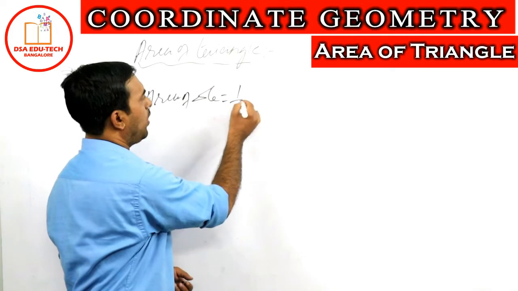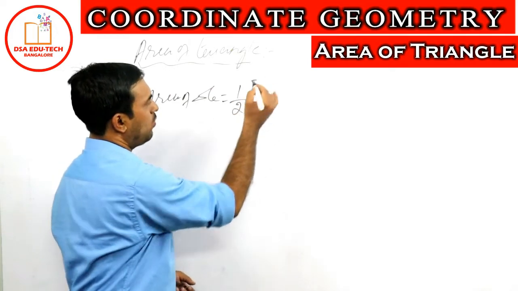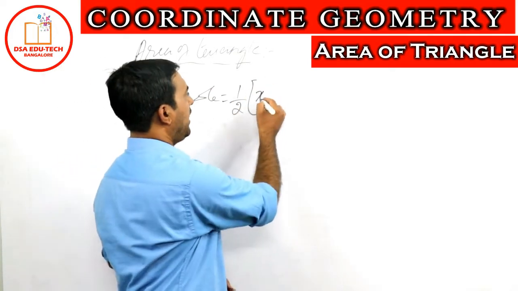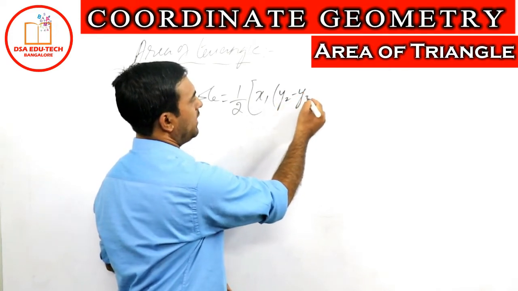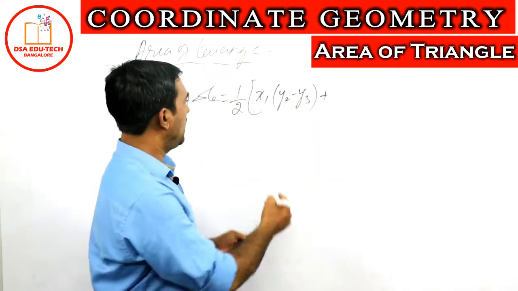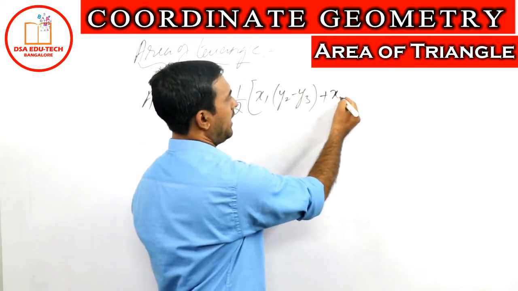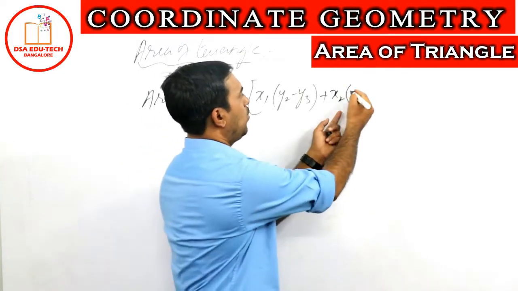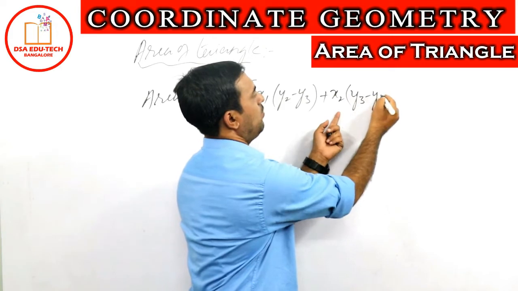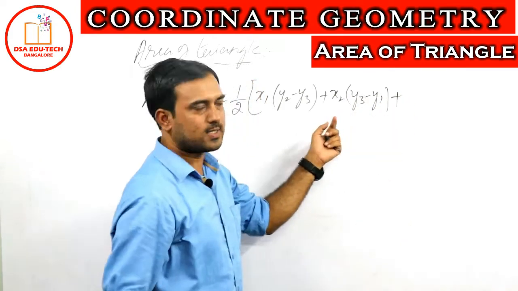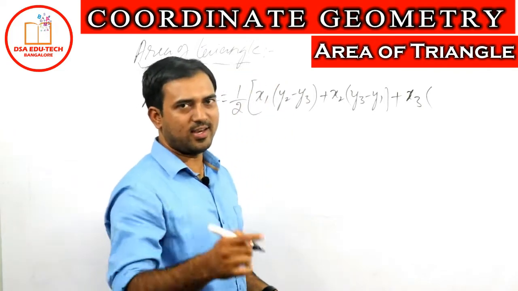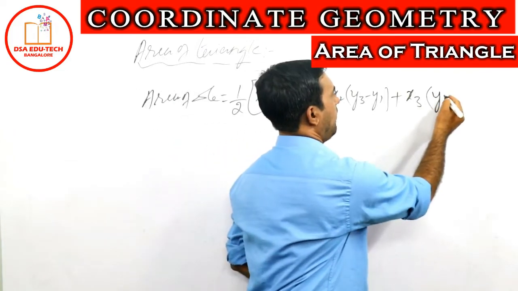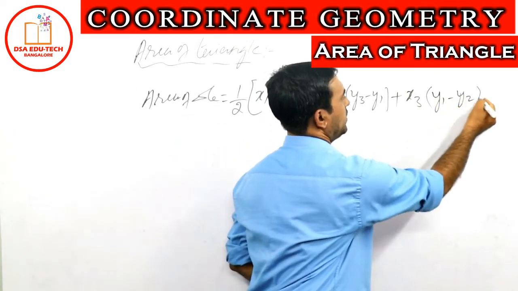triangle equals 1 by 2 [x1 into (y2 minus y3) plus x2 into (y3 minus y1) plus x3 into (y1 minus y2)].